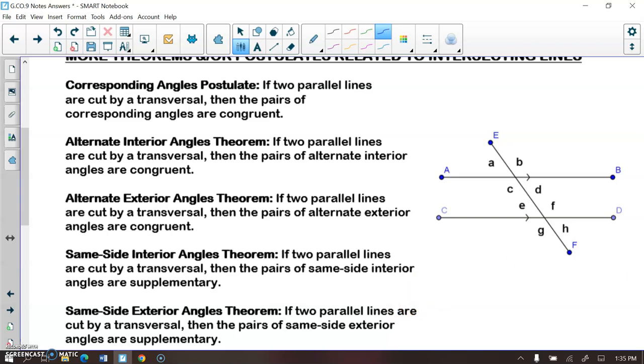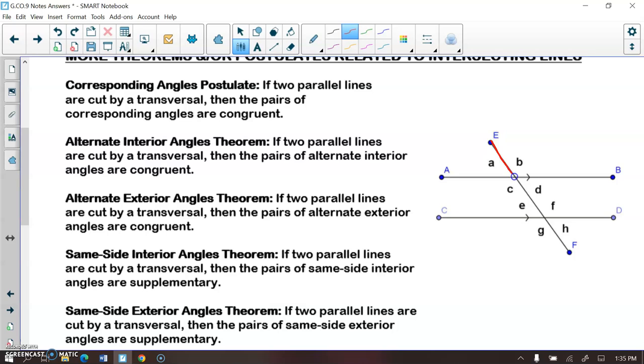The corresponding angles postulate states that if we have two parallel lines cut by a transversal, then the pairs of corresponding angles are congruent. Now, corresponding angles are angles that are in the same position in relation to your parallel lines and on the same side of your transversal.